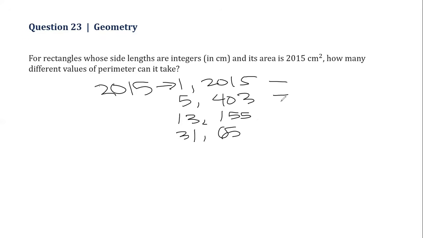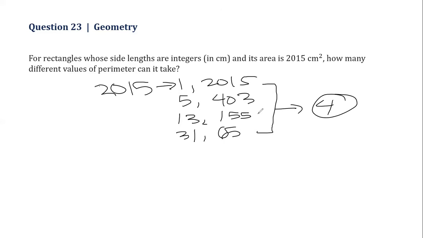Since we have 4 pairs here, this will generate 4 different values of perimeter. So therefore, the answer is 4. Are there any questions?